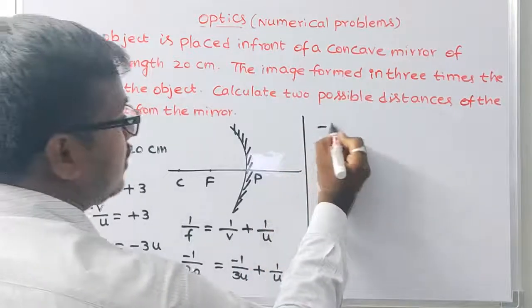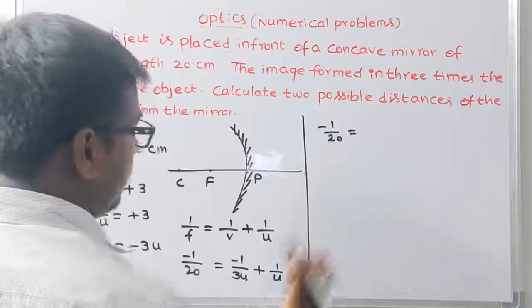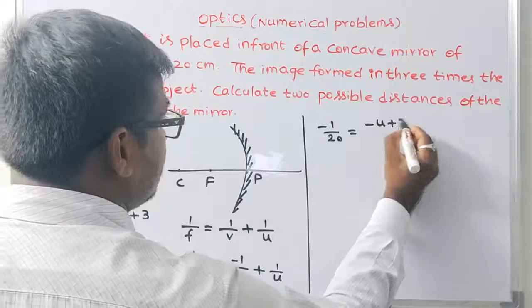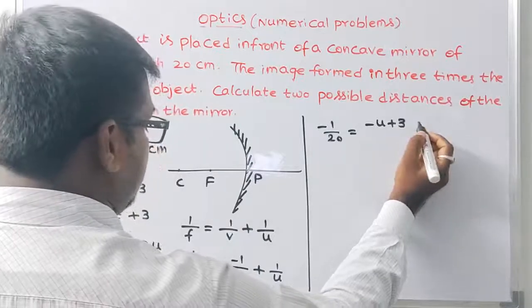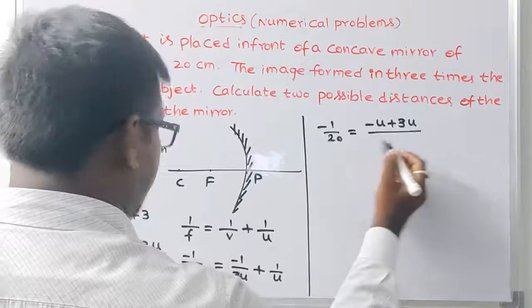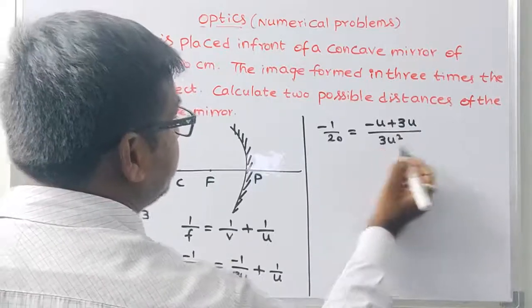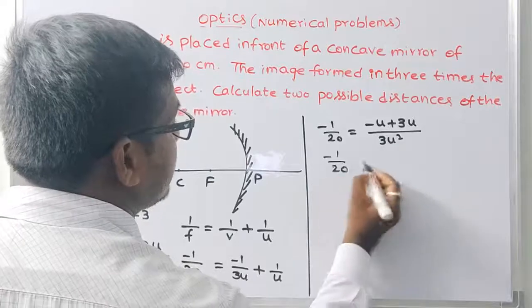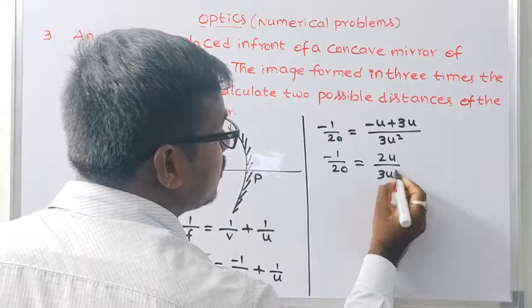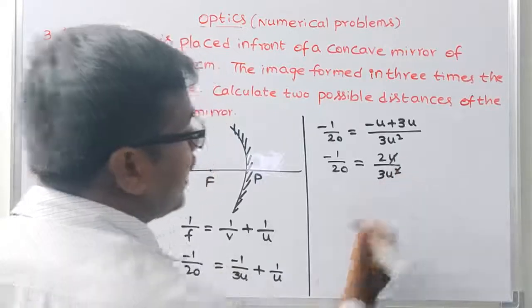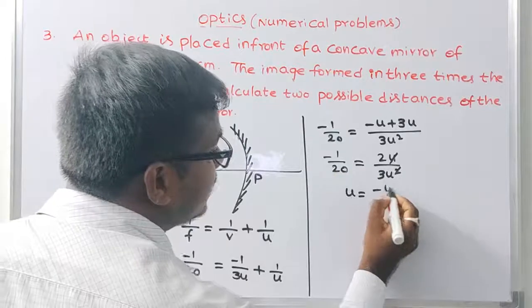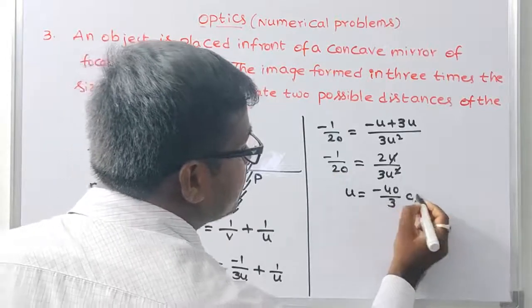Okay, minus 1 by 20 is equal to, cross multiplication, minus u plus 3u by 3u square. Minus 1 by 20 is equal to 2u by 3u square. Okay, u cancels, 2 by 3u, 40. Okay, u is equal to minus 40 by 3 centimeter.